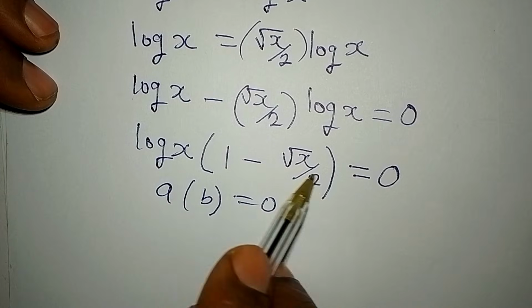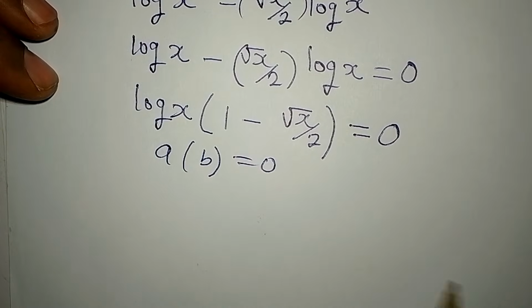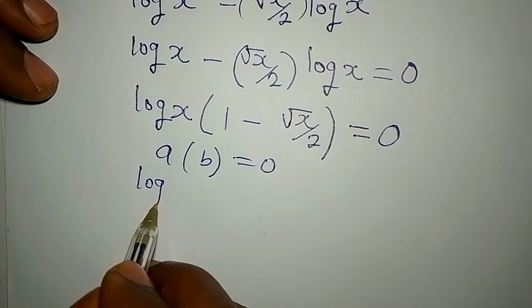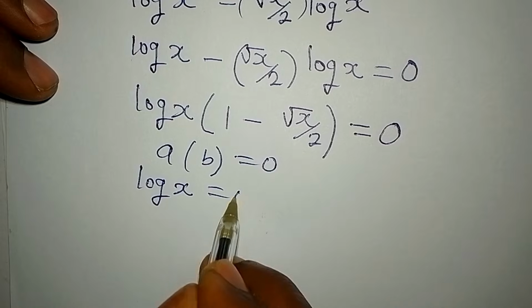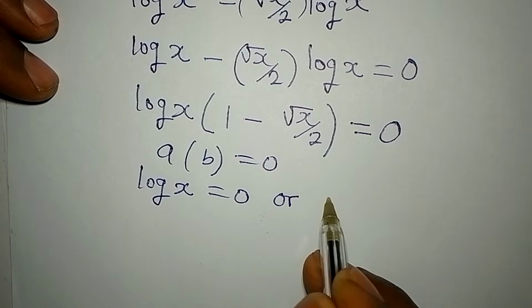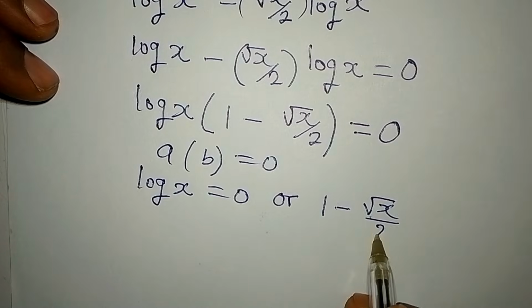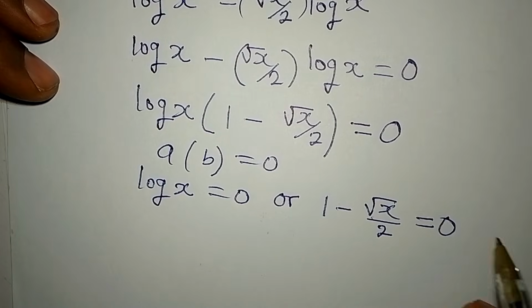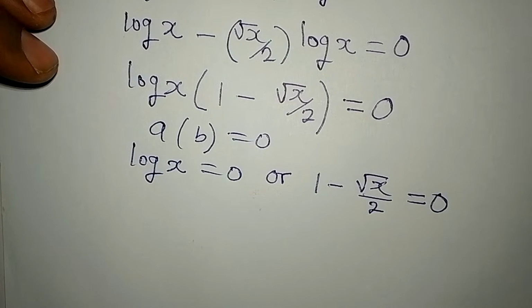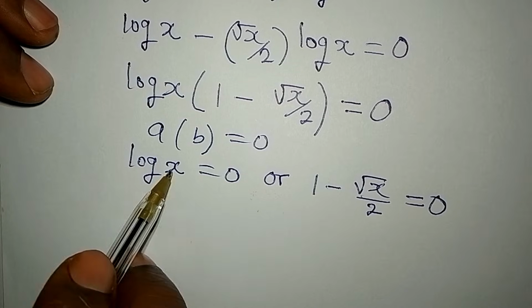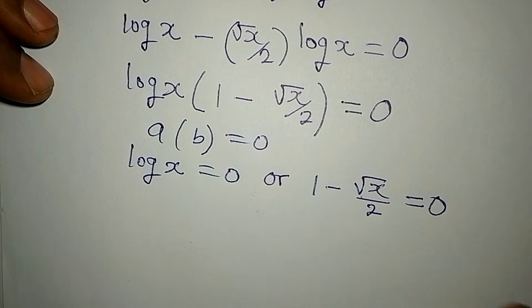So we are going to apply that to this. And we will say that it's either our log x is equal to 0 or 1 minus square root of x over 2 is equal to 0. Now, I'm going to pick this one and deal with it before I go back to this.